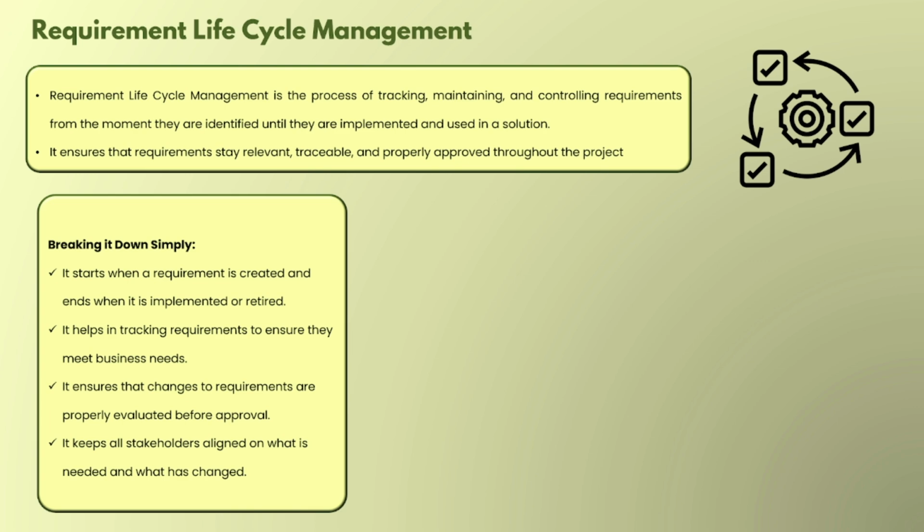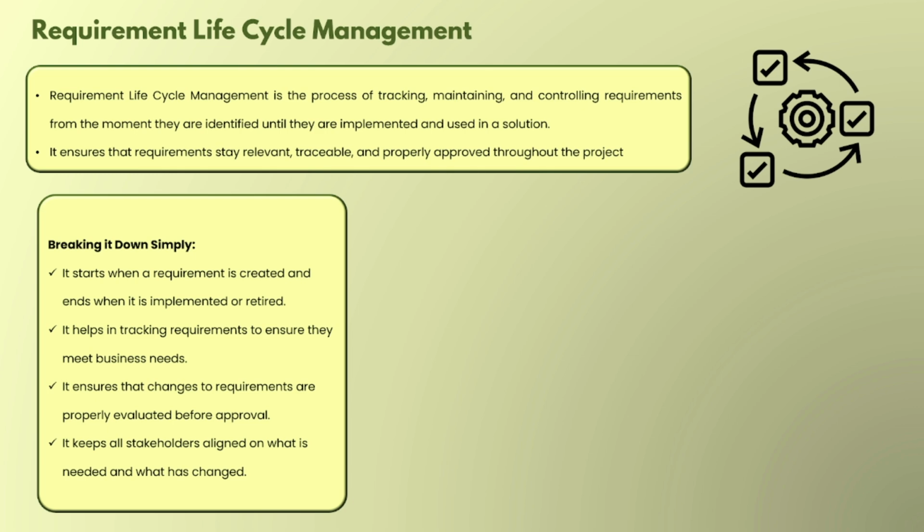Only after evaluating all these things do we decide whether to approve the change they have suggested for our software system. It's not like the stakeholders say this and we suddenly start developing. No, it's not like that. We check whether it affects other features and other systems as well.